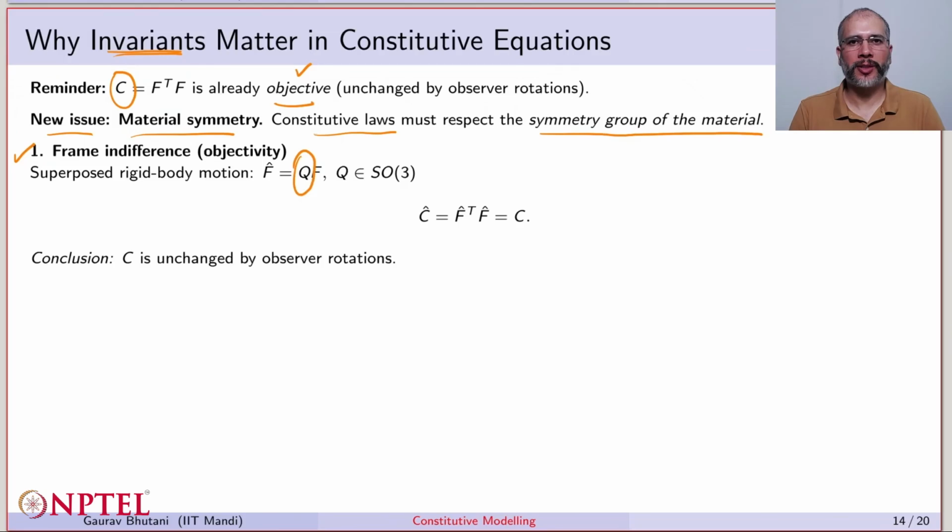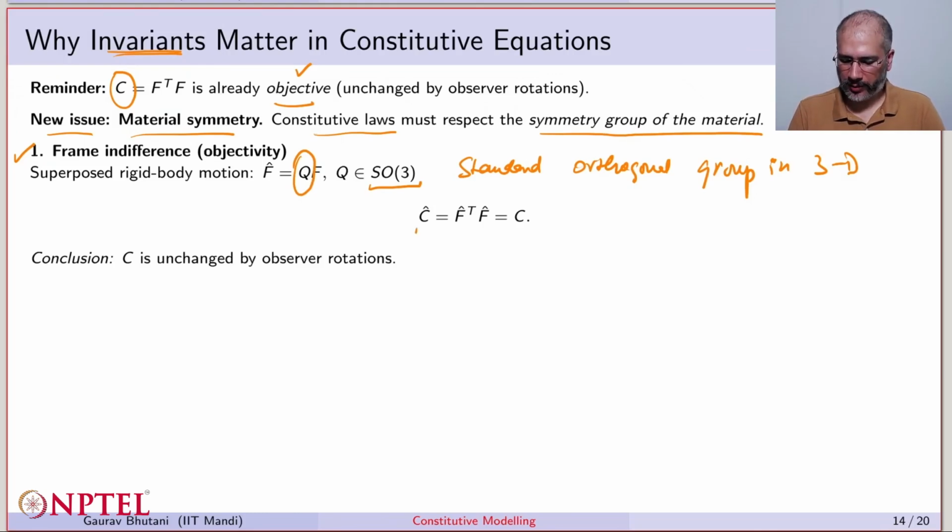So capital Q is a standard notation for writing rotation orthogonal matrices. This SO3 basically means the special orthogonal group in 3D. So this is the set of all the matrices possible which denote rotations in 3D. So it's the same as the matrix A that we've been talking about.